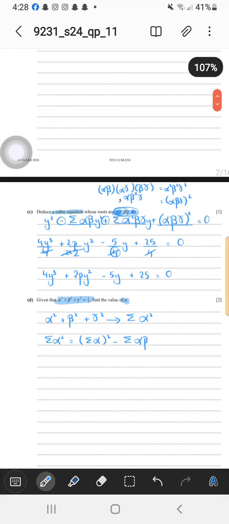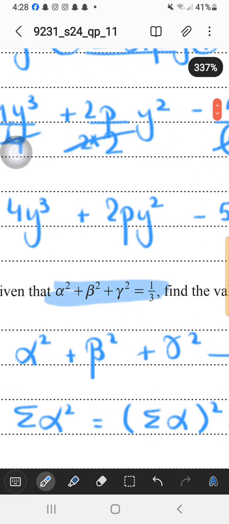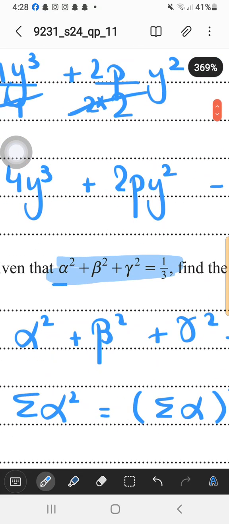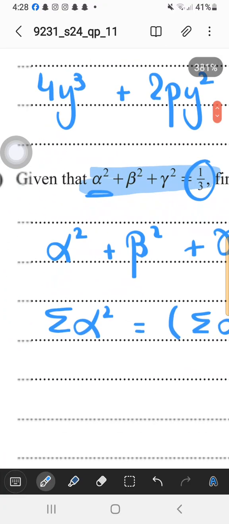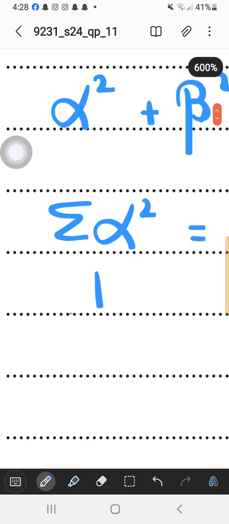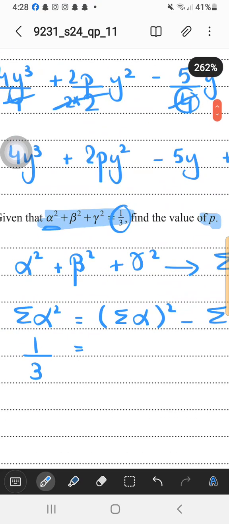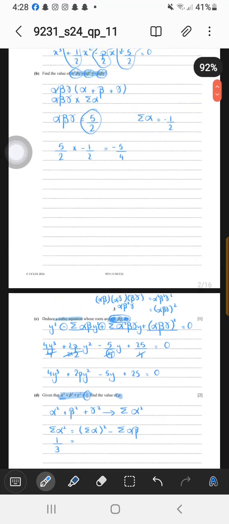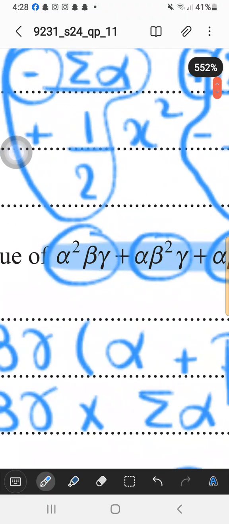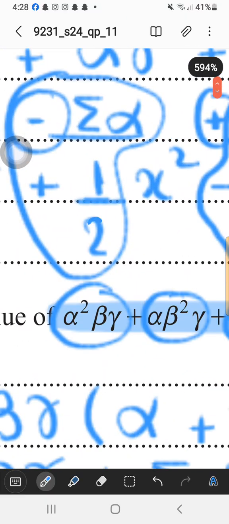Okay, so the question, so wait. We are given that the summation of alpha square is 1 upon 3. So we will write 1 upon 3 here. And the summation of alpha is 1 upon 2.